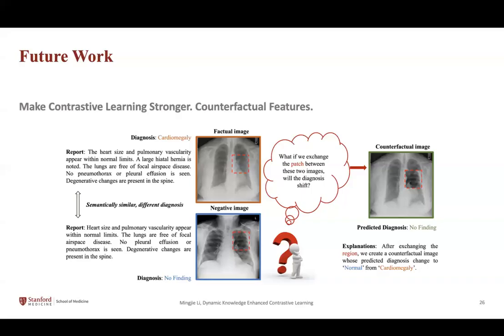So we propose a counterfactual: what if we exchange the patch between two images while the diagnosis shifts? For example, if we have a factual image and we find another negative image, if we change the patch here, at the same location, we get a different predicted diagnosis.